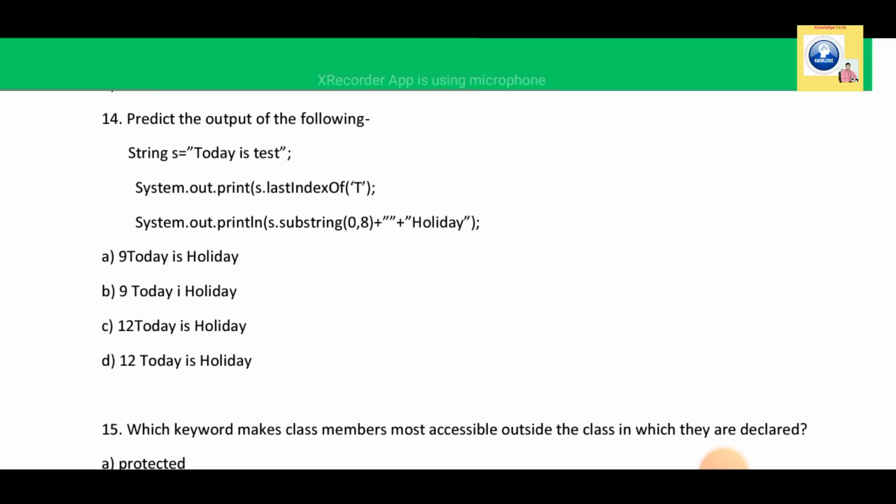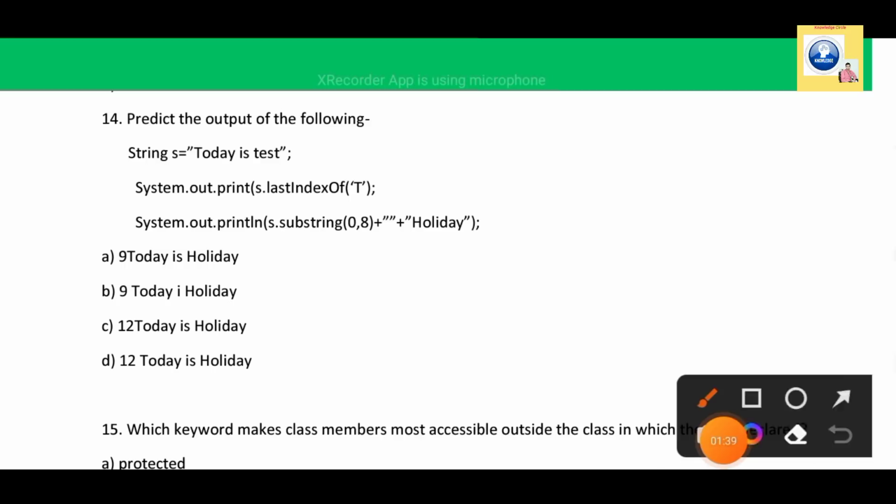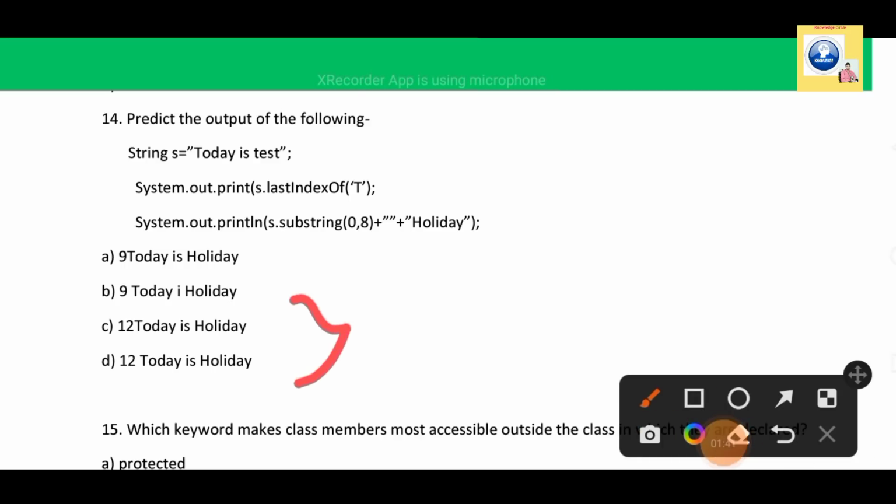So now again, if you look at these two options, both are having "today is". But if you look here, we have a space also. We have a space in between, but that space is not here between that first value.